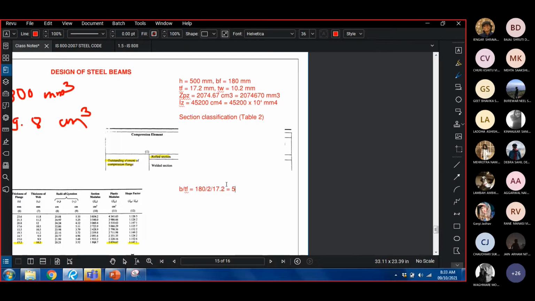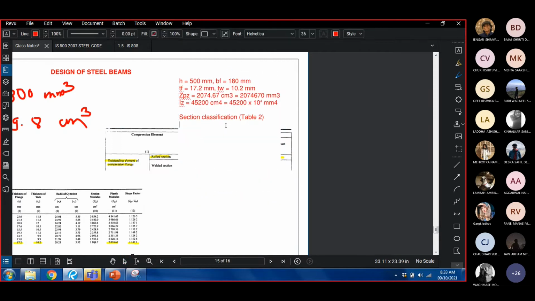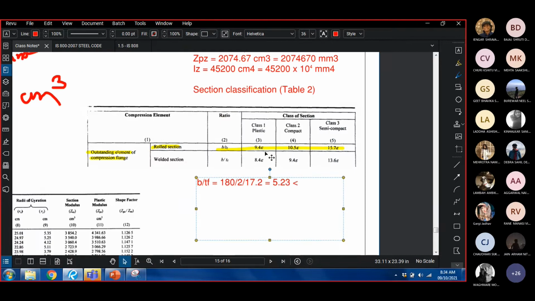And then this particular ratio turns out to be 5.23. We saw it in the last lecture. And now we have to compare it with these values.